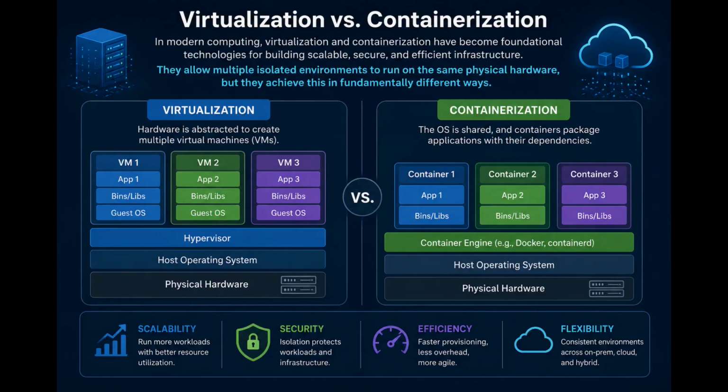From there, we transition into the world of containers, focusing on how they differ from virtual machines. We will compare LXC Linux containers, Docker engine, and traditional VMs, highlighting differences in architecture, performance, isolation, and use cases. A structured comparison table will help clarify when to use each technology in real-world scenarios.